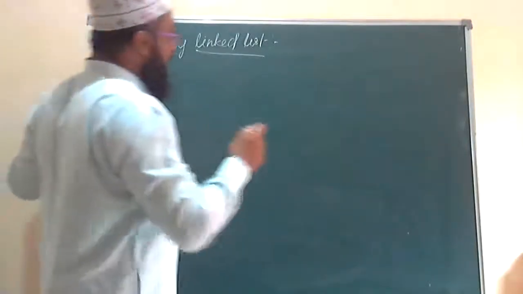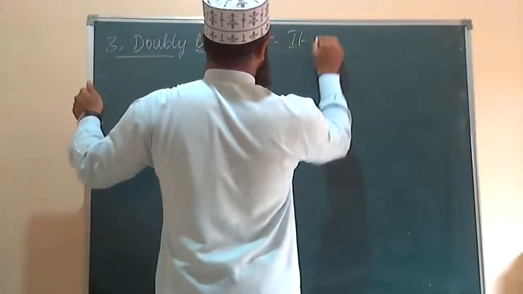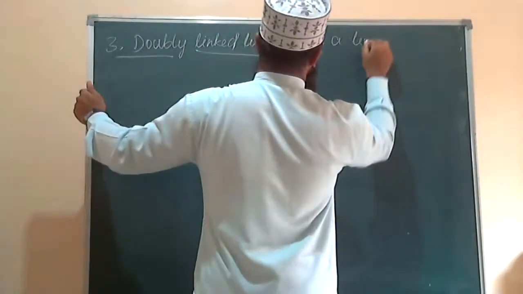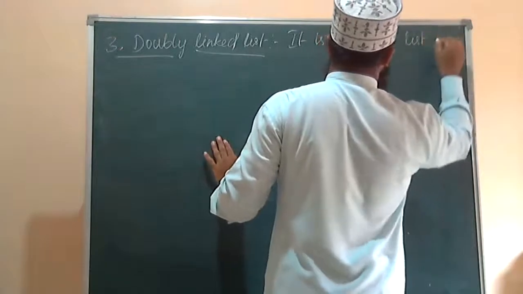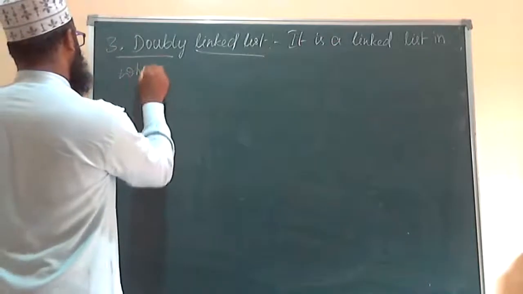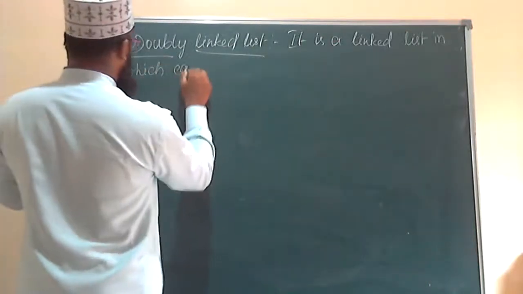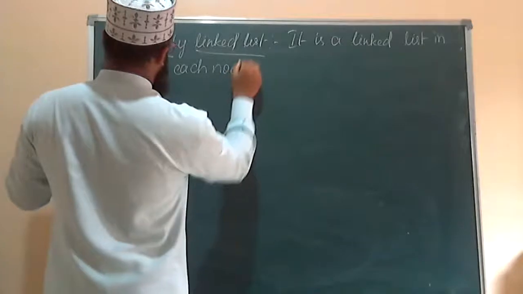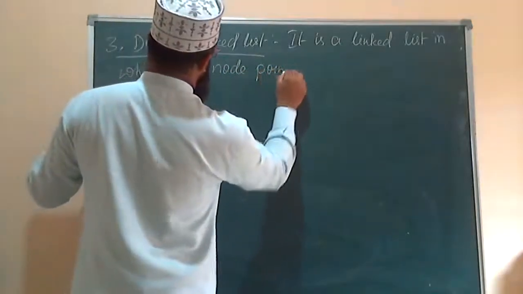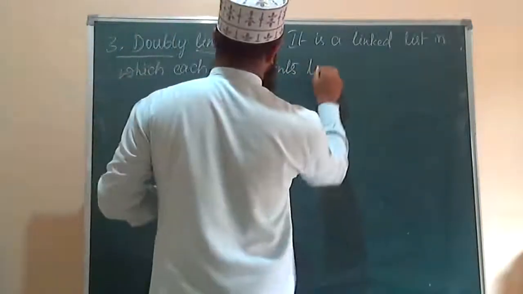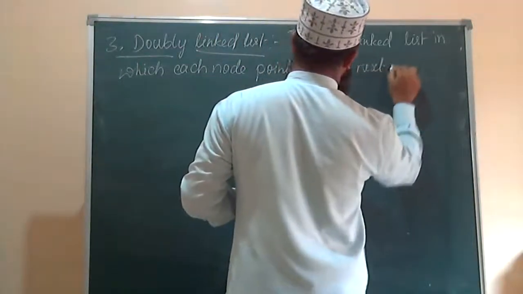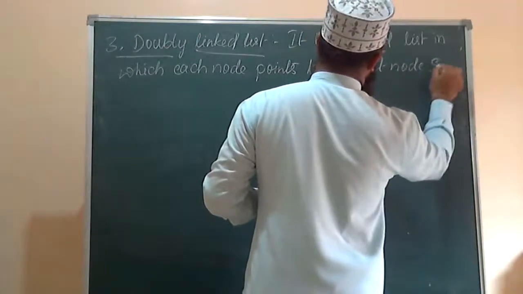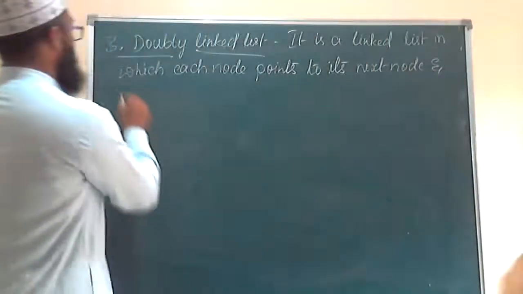Now doubly linked list. What is doubly linked list? It is a linked list in which each node points to its next node and to its previous node.